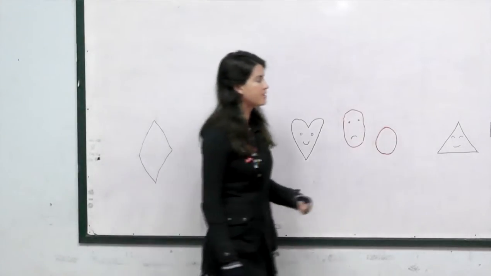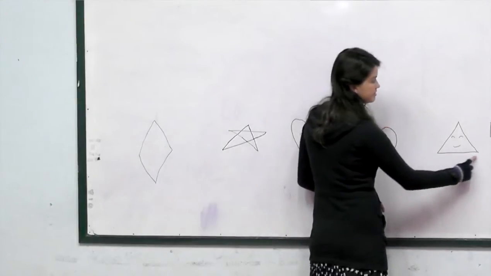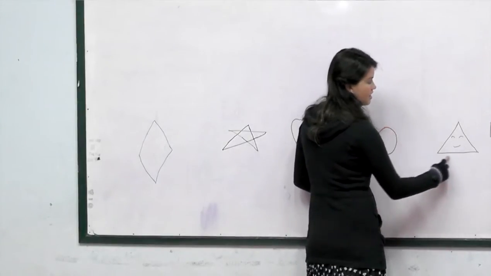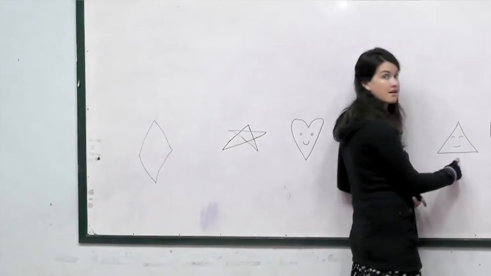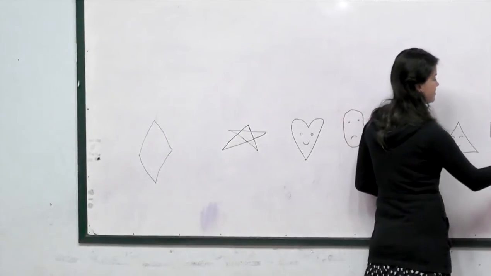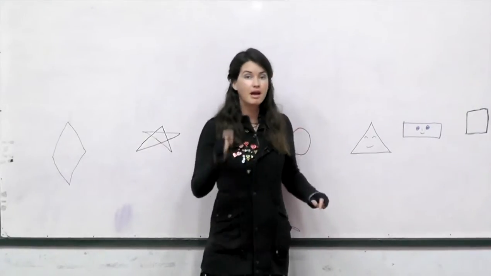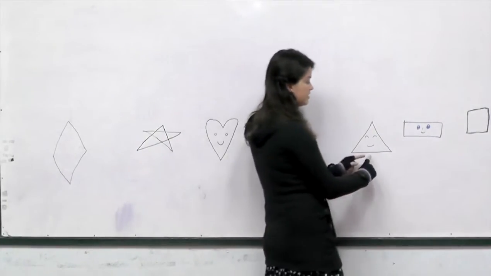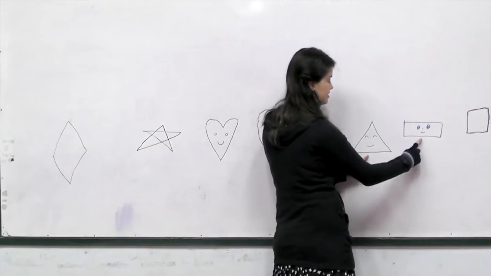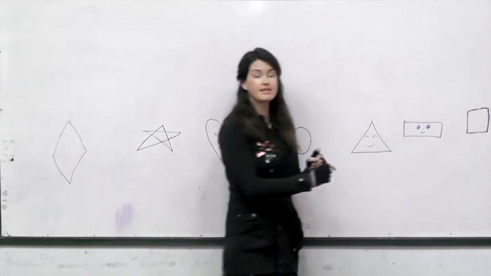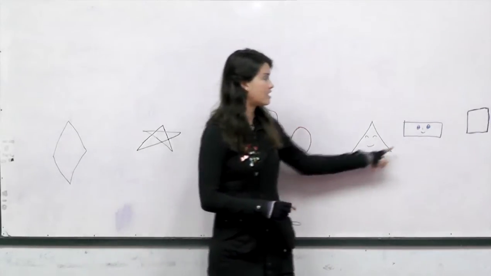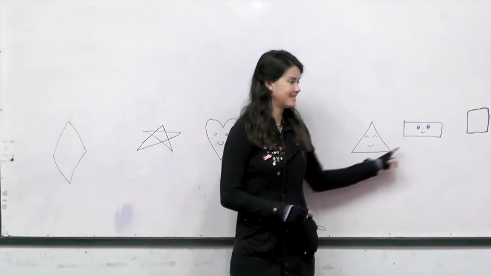Does anybody remember what this part of the shape is called? Triangle. This is a triangle. Good. What about this part of the shape? Good, friends. This is a rectangle. Think about where I'm pointing. Do you remember what this is called and this is called? It has the same name even though it's on different shapes.